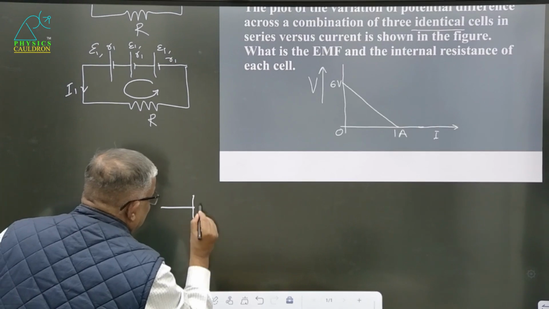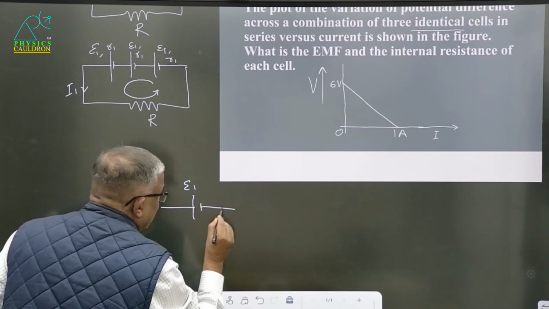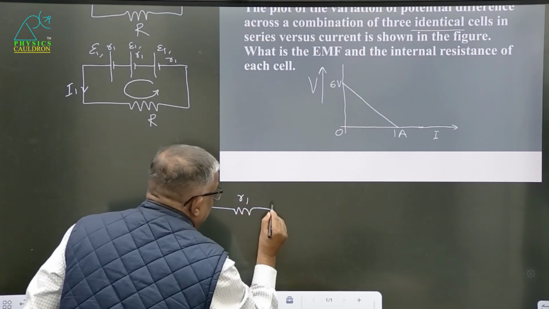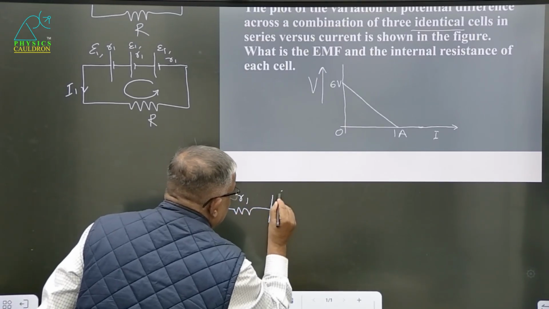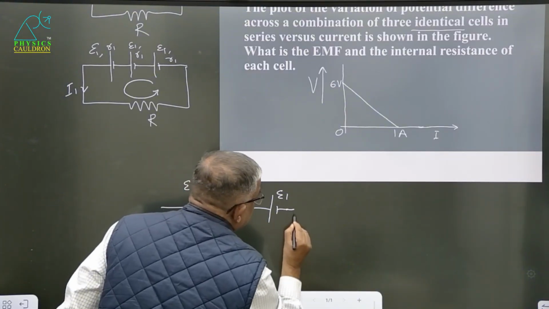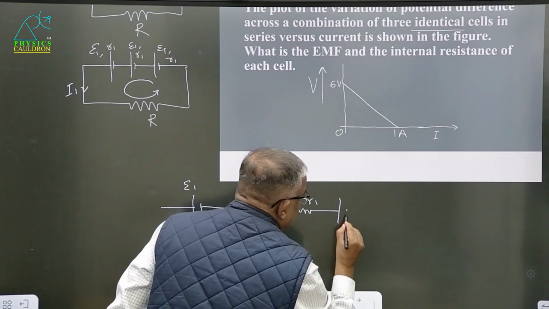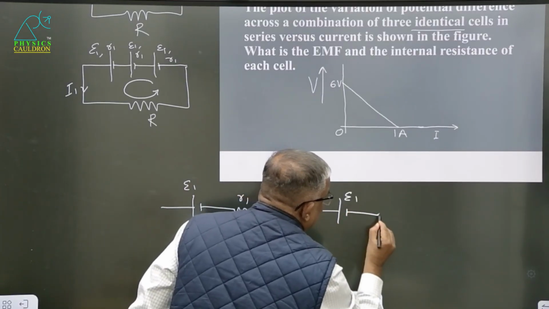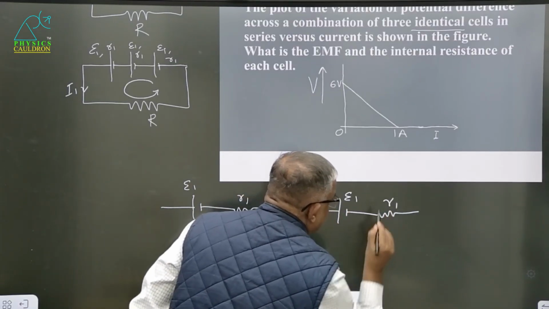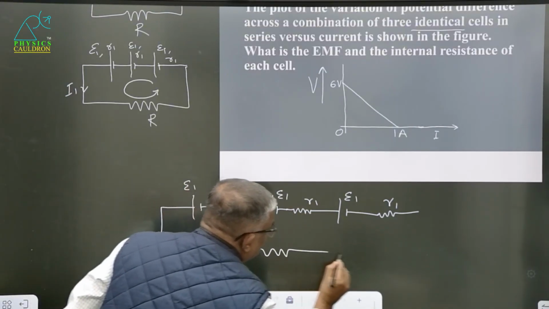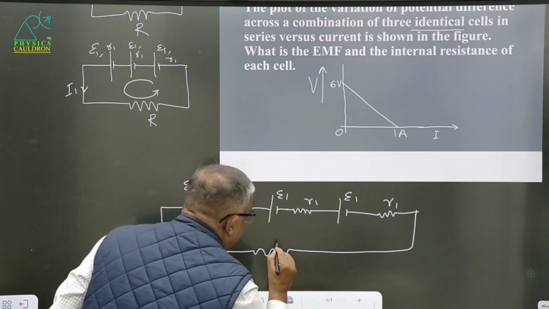Here is the cell with EMF E1, internal resistance R1. Another cell, EMF E1, internal resistance R1. Yet another cell, EMF E1, internal resistance R1. And all this is connected to an external resistance of R ohm.